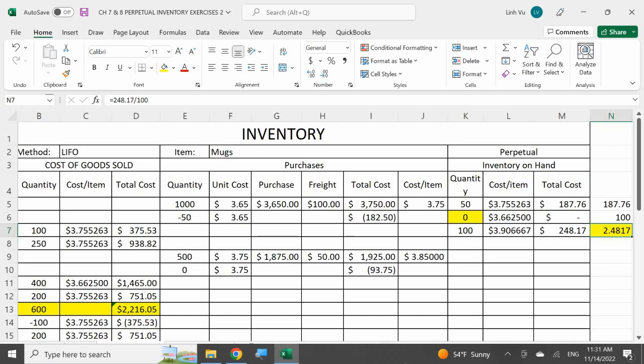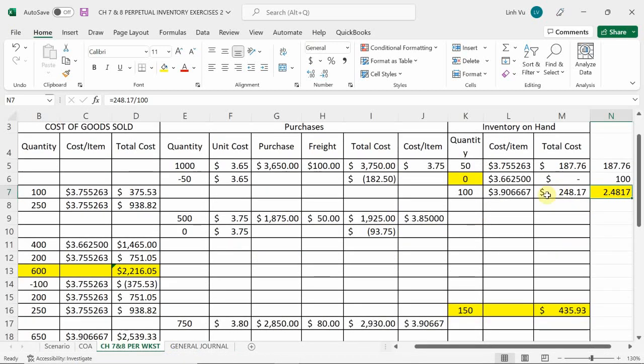Since I self-reference right here with this 3.9066, if I change that number, all your calculations in your cost of goods sold will change. So I'm going to put a note on the side saying this is a change I made because I overrode the total cost; right now my total cost is $248.17.